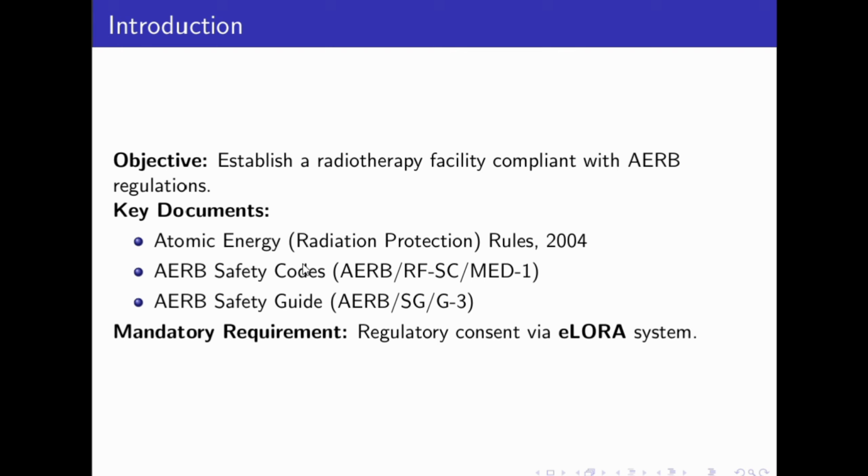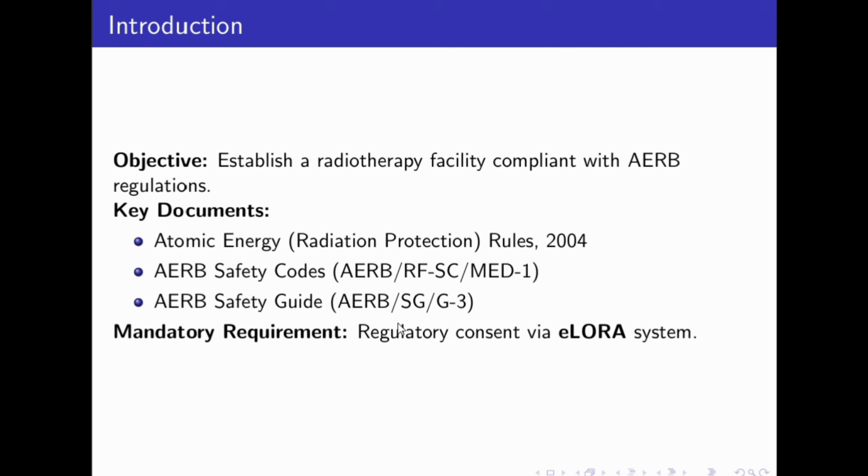The first two documents contain regulatory requirements for establishing the radiotherapy facility. And the third document provides details of all the consents that should be taken from AERB during the process.